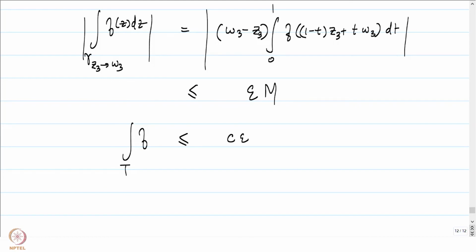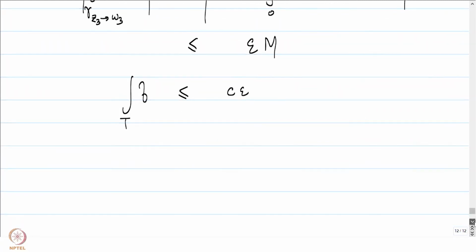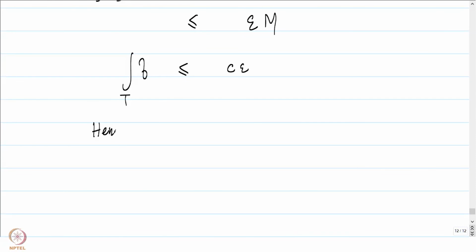Similarly, you can talk about the other fourth side of the parallelogram, quadrilateral as well, and we will be able to conclude that this is less than epsilon for every epsilon, and hence integral of f over T is equal to 0.